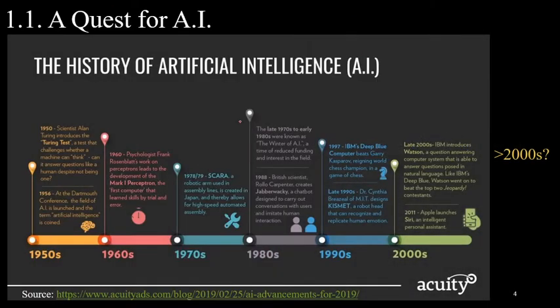Artificial intelligence research began in the 1950s, started by the famous Alan Turing, who introduced the Turing test, a test to challenge whether a machine can think. Throughout the years, like the 60s and the 70s, we have Japan doing a lot of robotics. In the 80s and the 90s, we have Deep Blue.